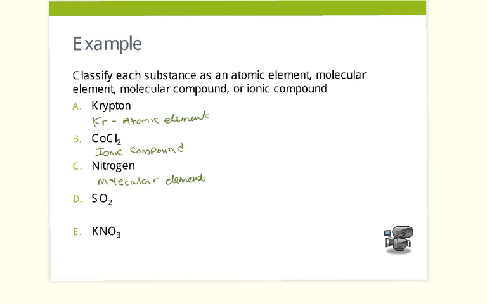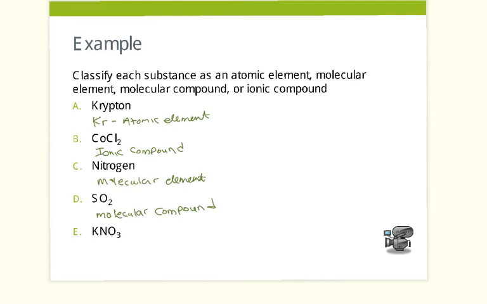But they're both nonmetals. So in that case, it's going to be a molecular compound. Because remember, molecular element is just made up of the same element twice, but a molecular compound has two different elements in it, two or more different elements.